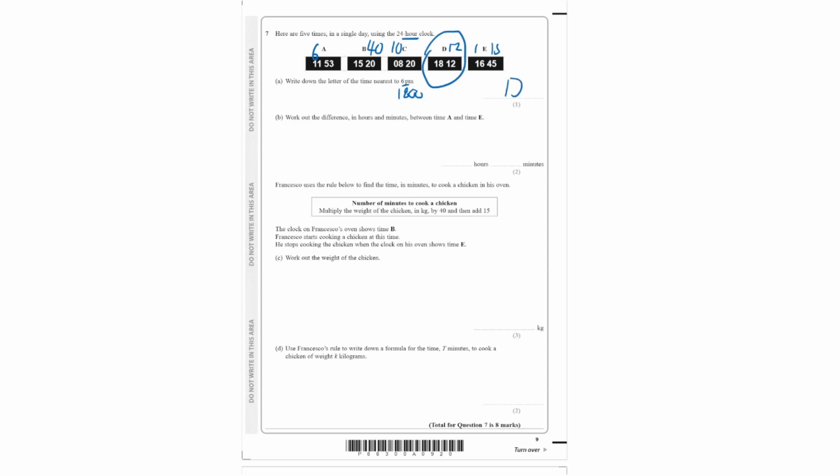Work out the difference in hours and minutes between time A and time E. We can simply find this by subtracting time A from time E. But since we have two formats, hours and minutes, we have to convert all hours into minutes, do our calculation, and return it back to normal. 1 hour is equivalent to 60 minutes.